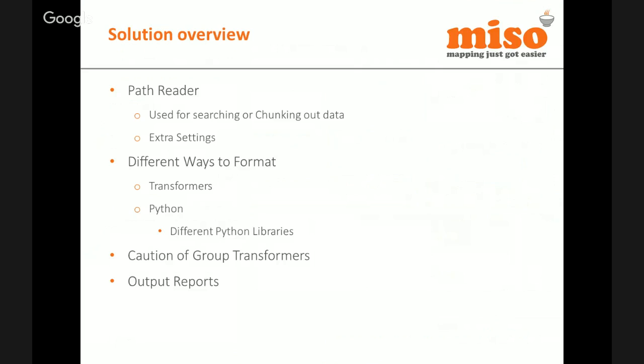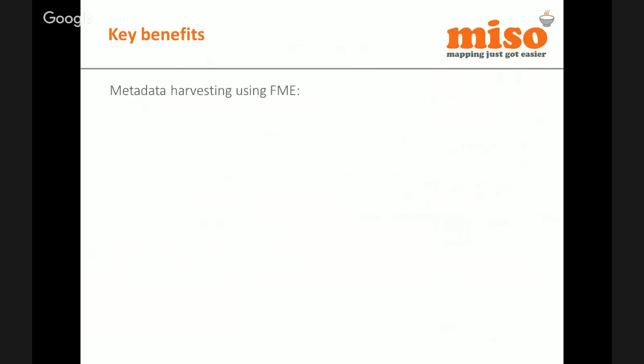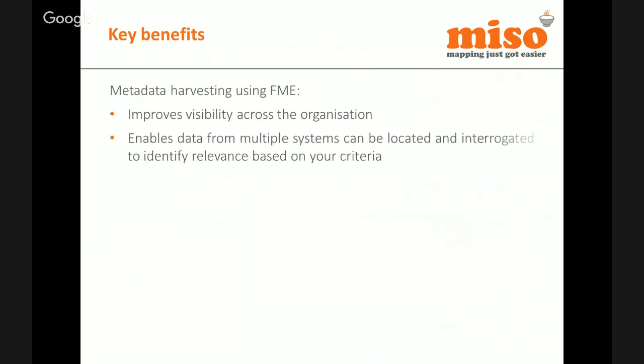I'll use that. Okay, key benefits, so improved visibility, you can see everything and where it's located, whether it's new or not. You can, as I said, search either just your network or just your computer or both, depending on how you set up that first parameter where you're looking.